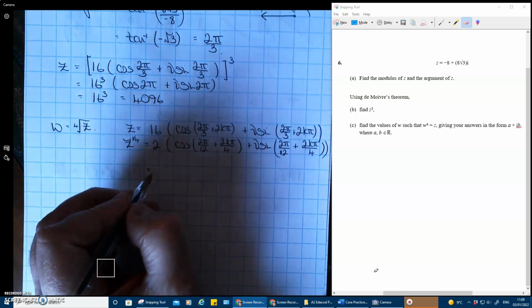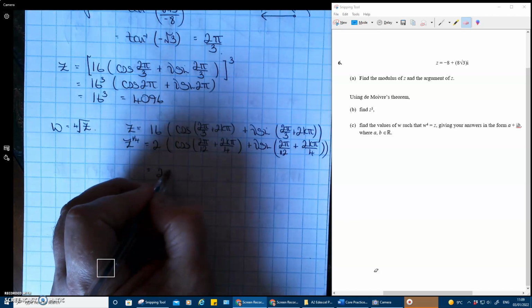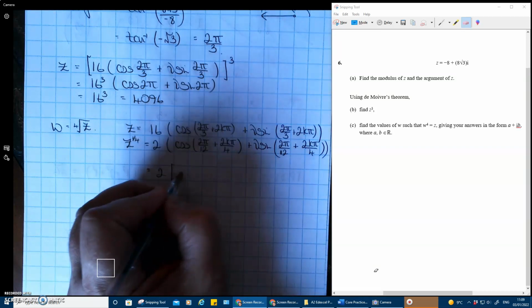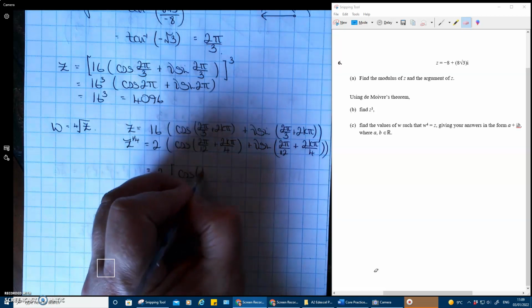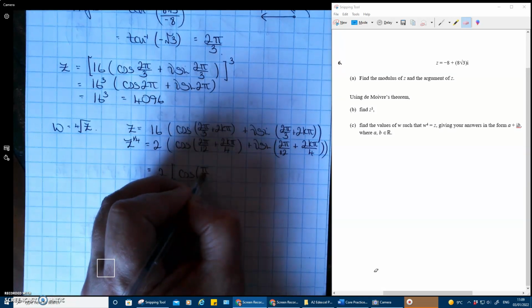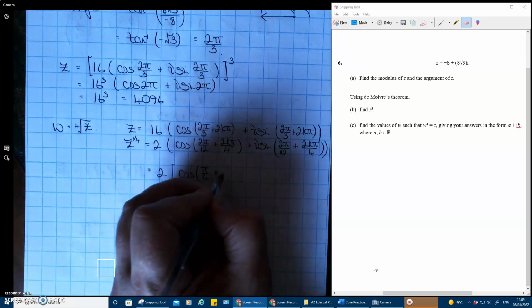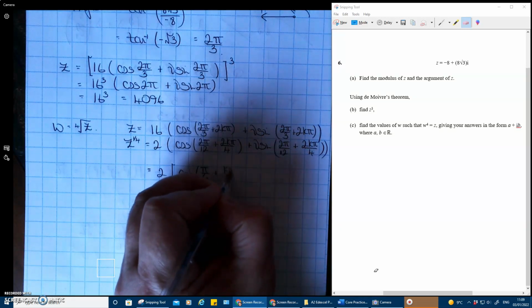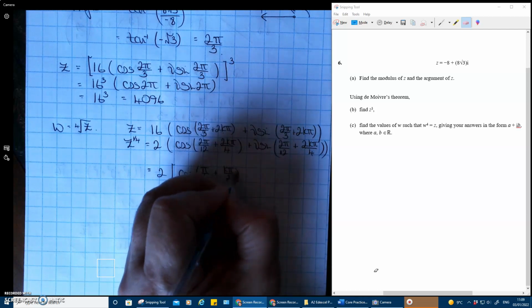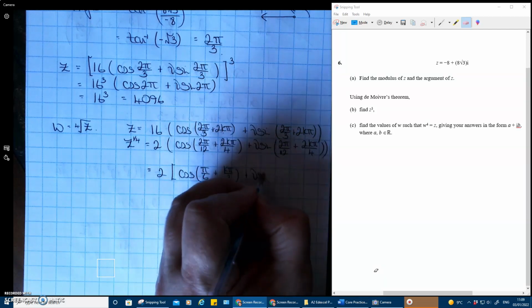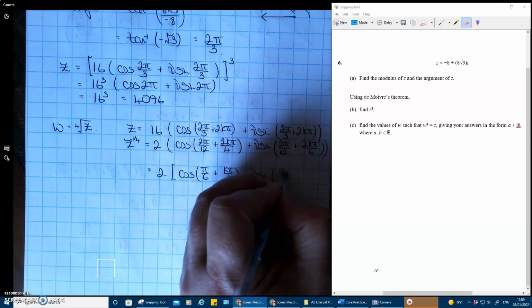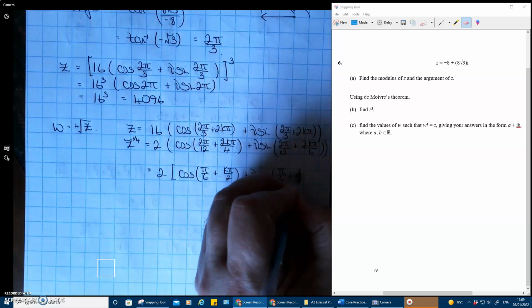Equals, simplify a little bit, 2 cos pi by 6 plus k pi by 2. Same angle both times.